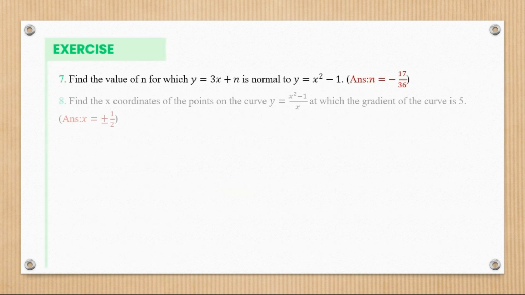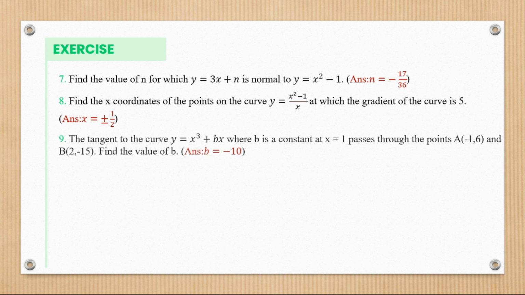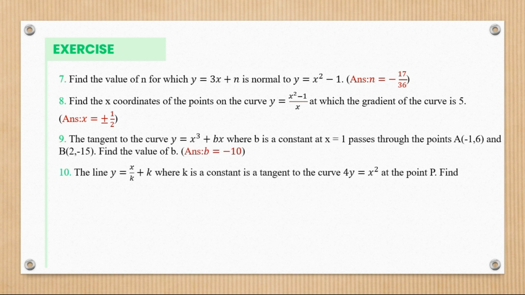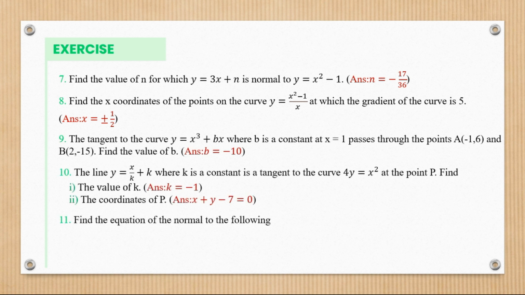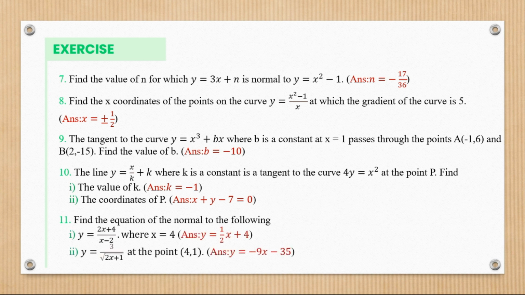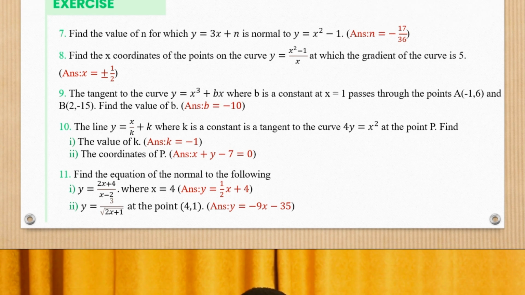The questions continue: this is question 7, 8, 9, 10, part 1, part 2, and then lastly we have number 11. So copy these questions, try them out, and get better at your knowledge of tangents and normals as an application of differentiation.